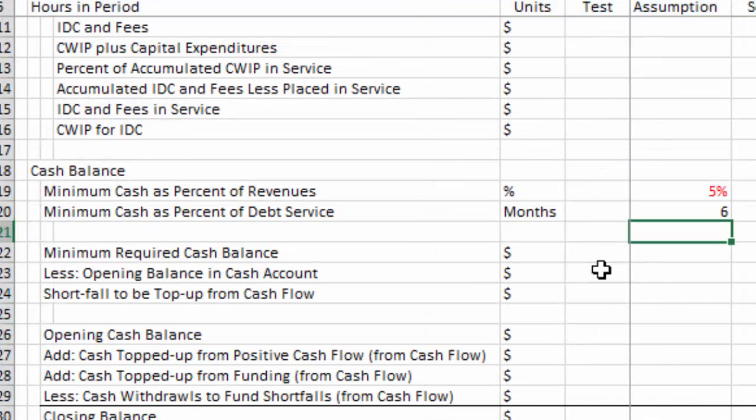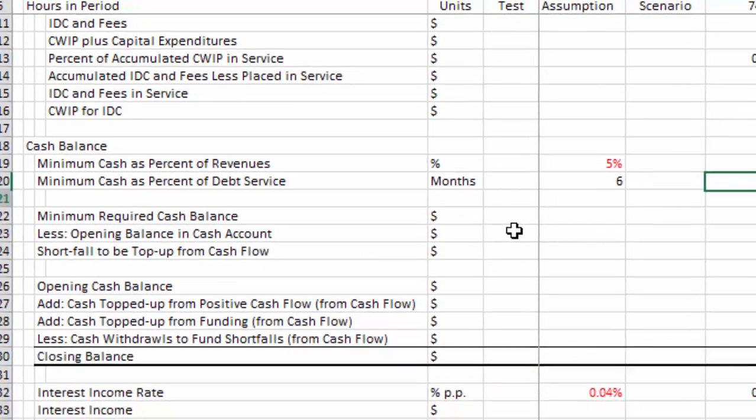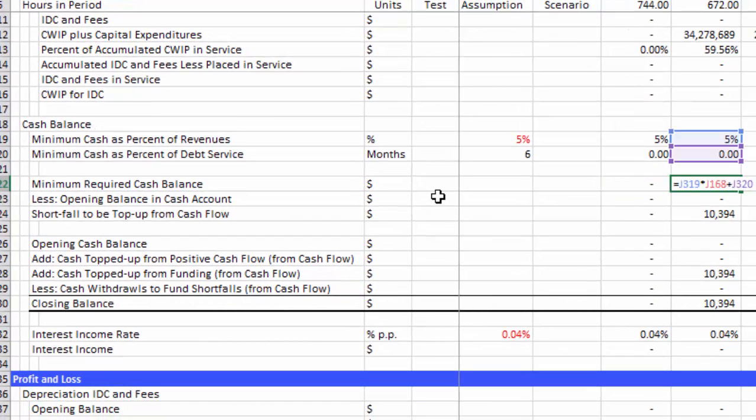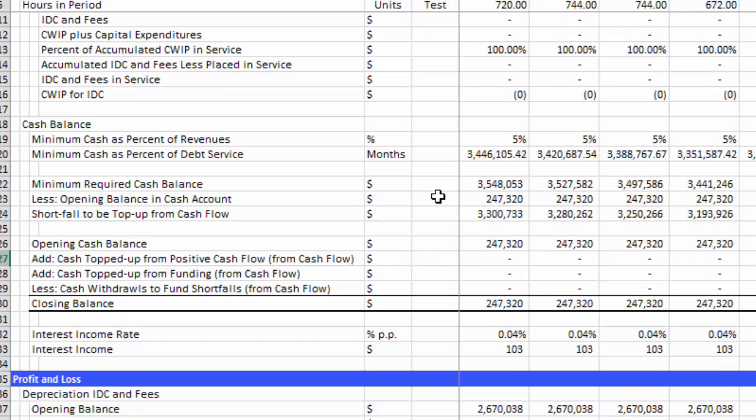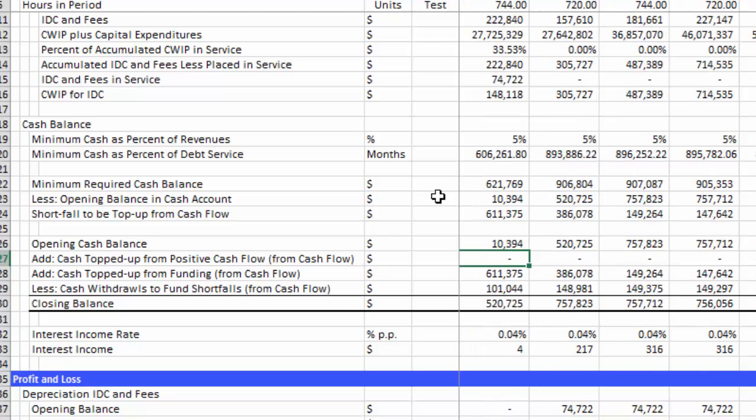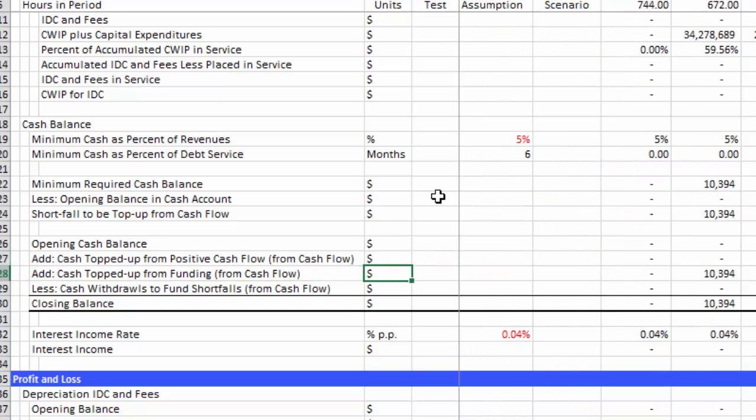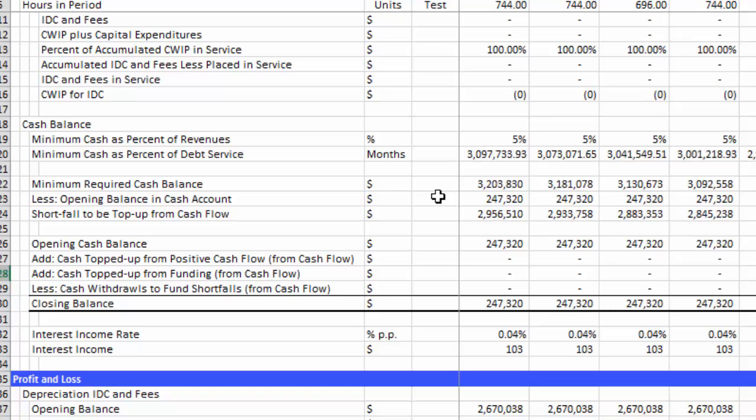Okay, now, once we have that, then we say, okay, well, we need both the 5% of the revenues plus the interest in a cash balance account. Question is, how do we get there? We can take any cash flow we have left over and try to top it up. Uh-oh, this isn't even there.